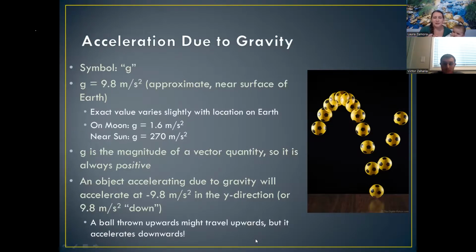But that downwards acceleration is making it stop speeding up upwards and eventually fall down. And that is an important thing, because if that didn't happen, then anytime you jump into the air, you'd just be gone, right? So we need that acceleration due to gravity to be downwards, accelerating us downwards. Otherwise, that would be a very, very bad day.